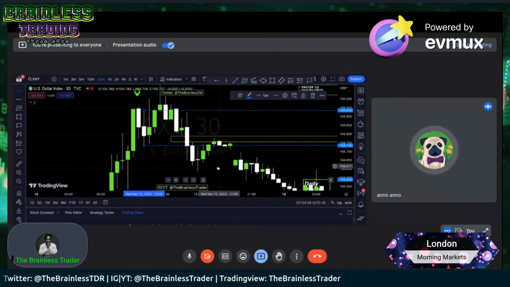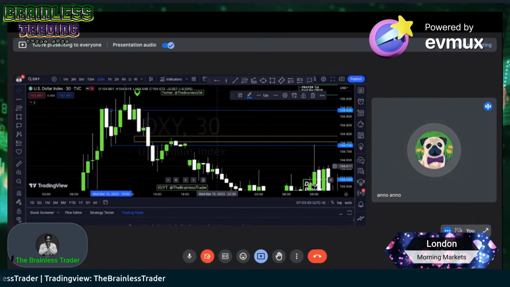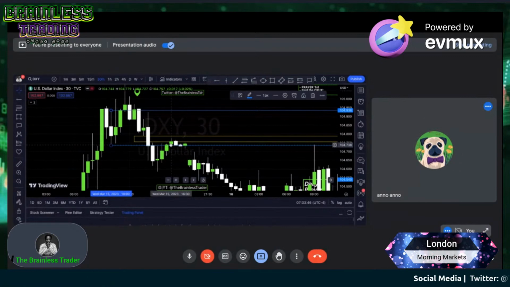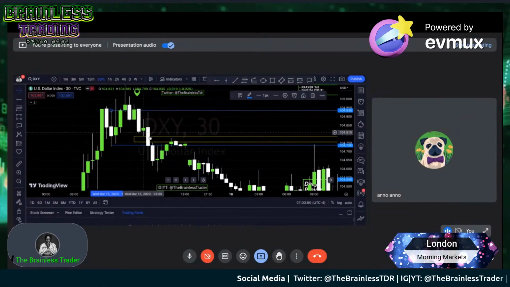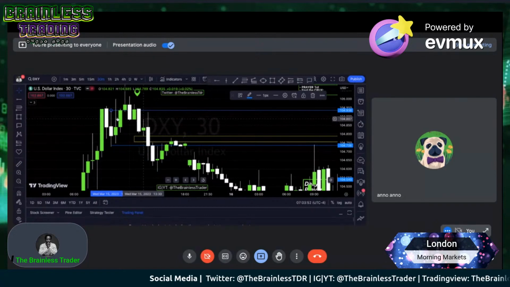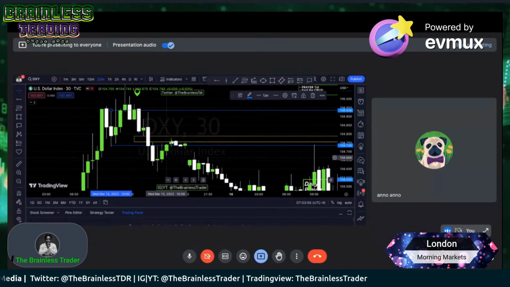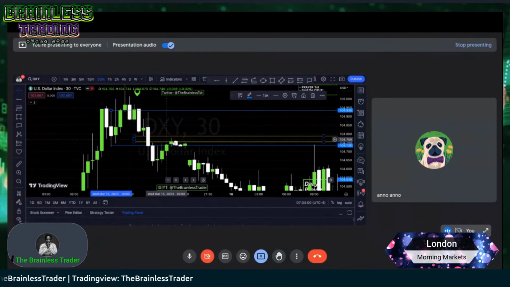All right. So what will make a breaker invalid and a fair value gap invalid? If the breaker is traded into 3 times. So right here you see that the breaker is formed, the fair value gap is formed, price trades below both of them, and price comes back into both the breaker area and the fair value gap area. This is the first time.